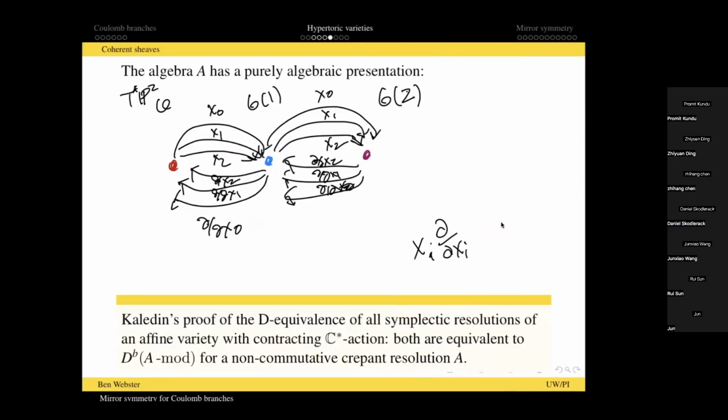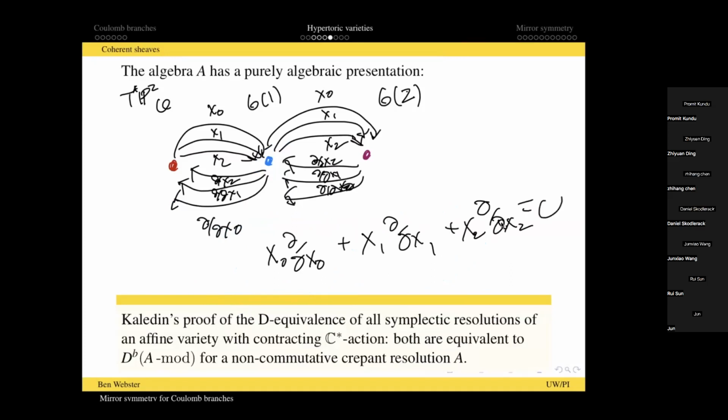And what that linear relation says is that if I look at x0 d/dx0 plus x1 d/dx1 plus x2 d/dx2, that's the generator of the rotation action on every line, which is trivial on T star P2. So as a vector field on P2, that's 0. And that's the quadratic relation.